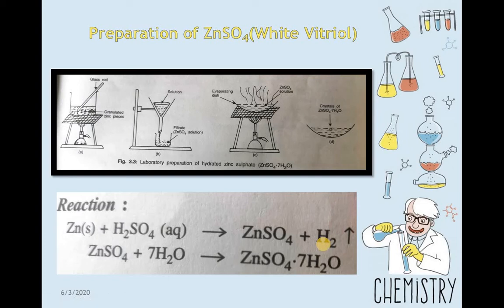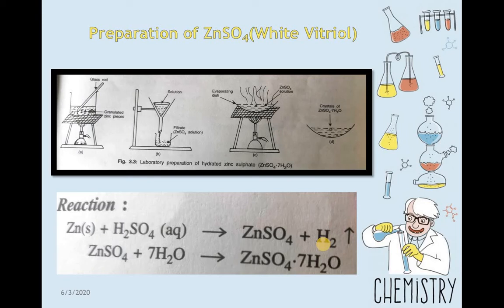Then add zinc till the metal settles at the base of the beaker. When effervescence stops, it indicates that all the acid has been utilized. So you now filter off the excess zinc, collect the solution in a china dish, evaporate the solution, you will get the crystals. Filter, wash them with water, dry them between the folds of a filter paper.